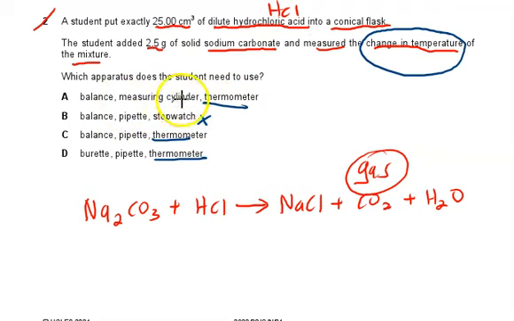Then we have a measuring cylinder and also a pipette. Here the volume is only 25 cm cubed, which is quite small for a measuring cylinder, so we don't use this. Now we need to measure the 2.5 grams, so we need a balance. The best answer here is balance, pipette and thermometer, so your answer is C.